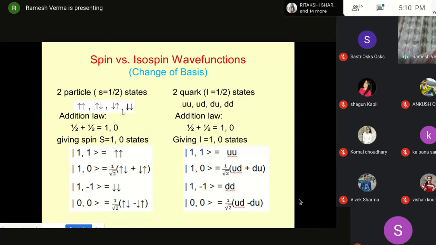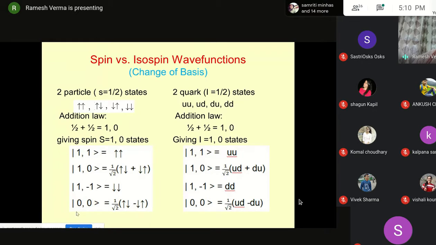We handle it carefully, because we know that when we add two spin-half particles, the net spin is going to be either the sum or the difference, that is 1 and 0. And these S = 1 and S = 0 states will have these four possibilities: |1,1>, |1,0>, |1,-1>, and |0,0>. These are the third components. So these are spin vectors, and this is a spin scalar. The |1,1> and |1,-1> states immediately go with them, because there is only one candidate. Here the third component is simply added, so |1,1> is just both up, and |1,-1> is both down.